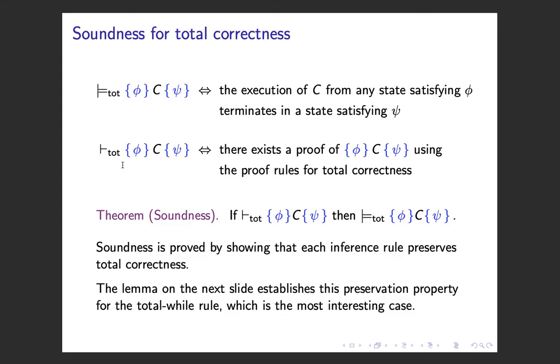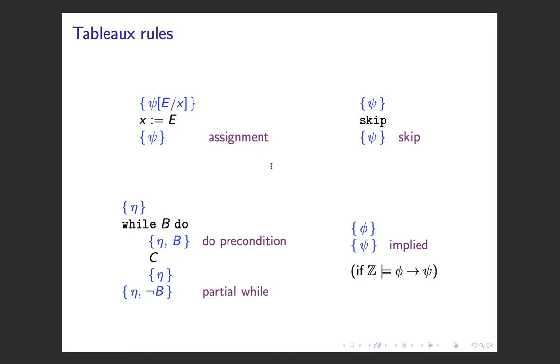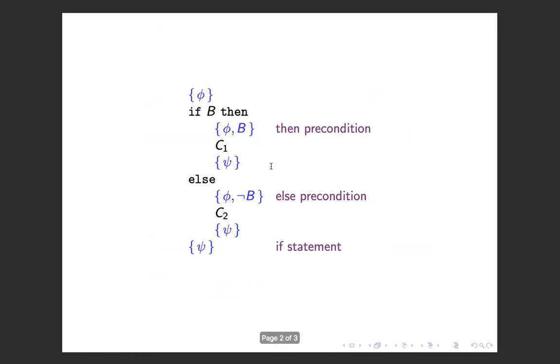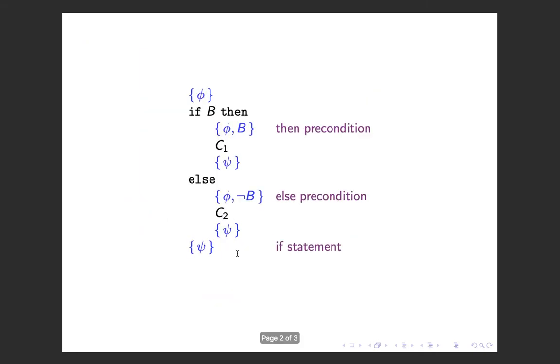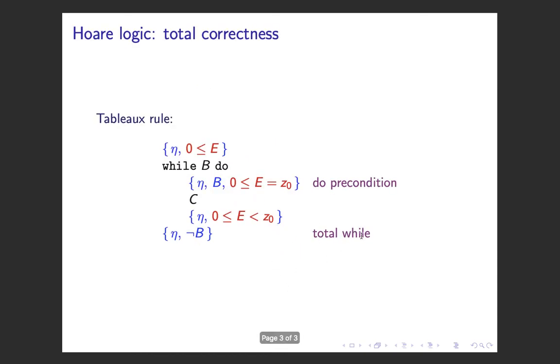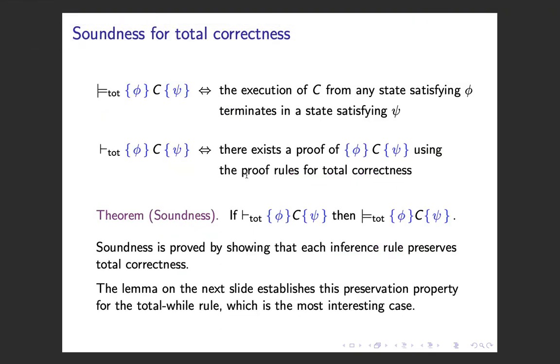So here we've got the provability relation. This says the Hoare triple is provable using the proof rules for total correctness. So the proof rules for total correctness are exactly the same proof rules we had before: the if then else rule, the assignment rule, the skip rule, the implied rule, but instead of the partial while rule, we have now the total while rule.